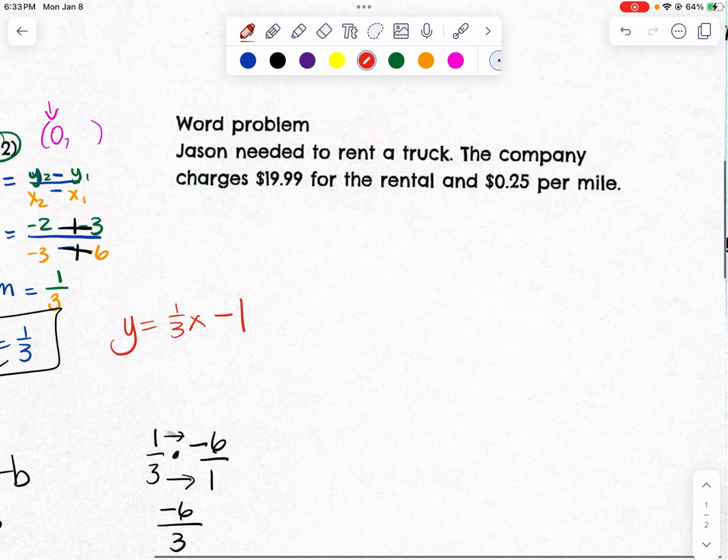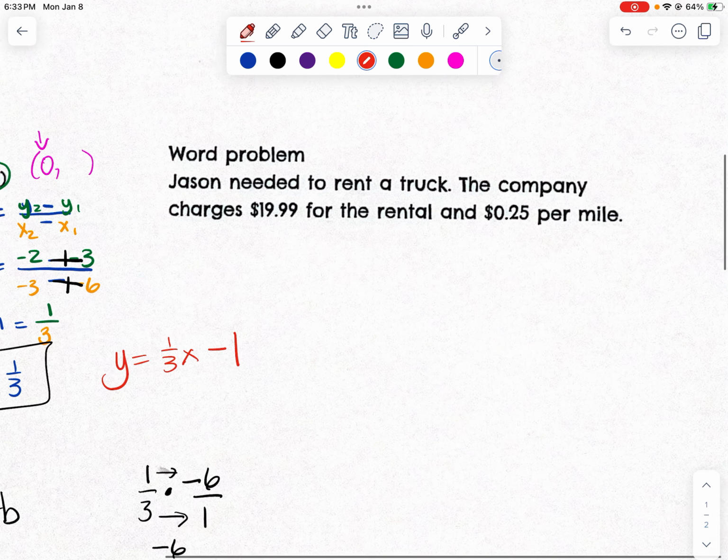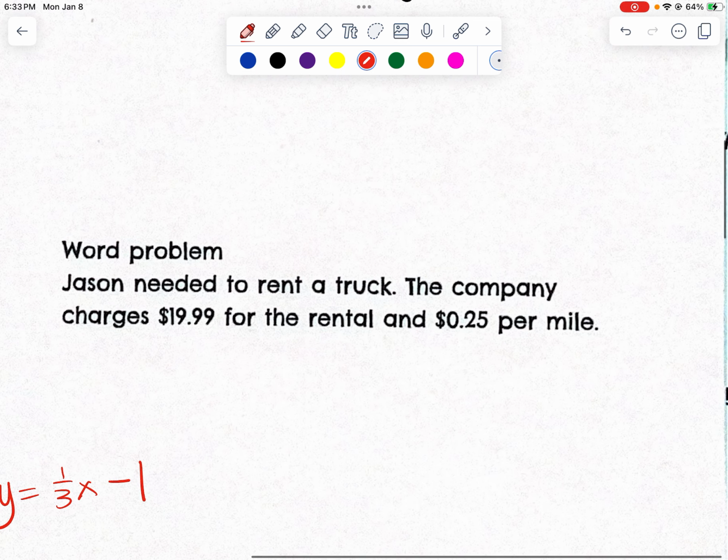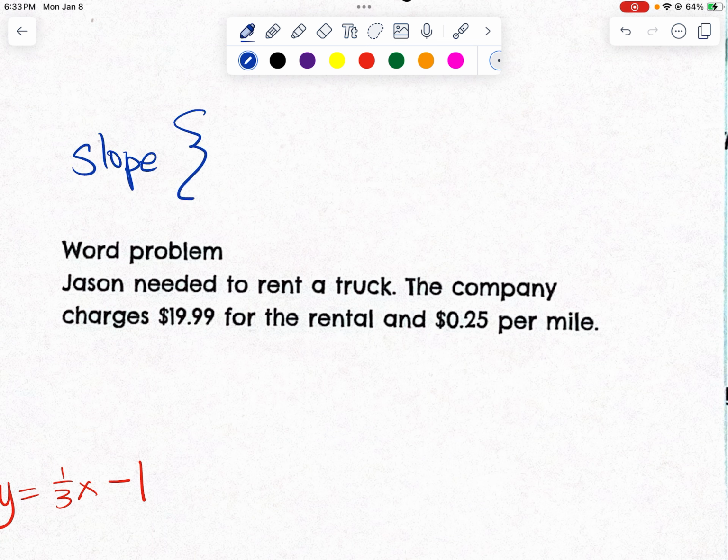Okay, now if I'm going to look over at this one, it's a word problem, and some of you are like, oh, I don't know. Well, first of all, when we're dealing with slope, there are some words that go with slope, and one of them is the word per. Sometimes you have the word each, and sometimes you have the word every.